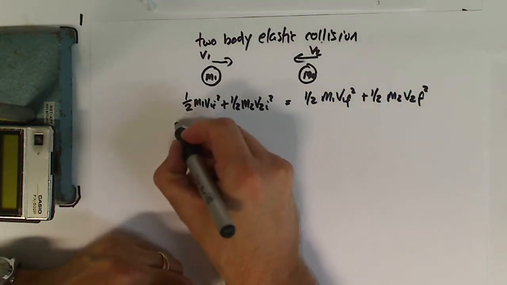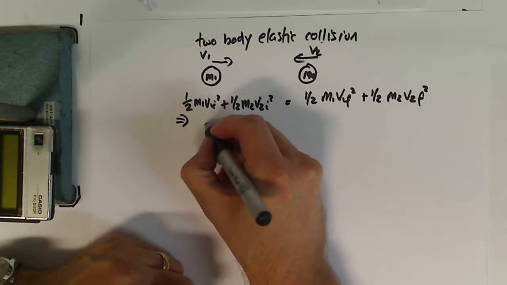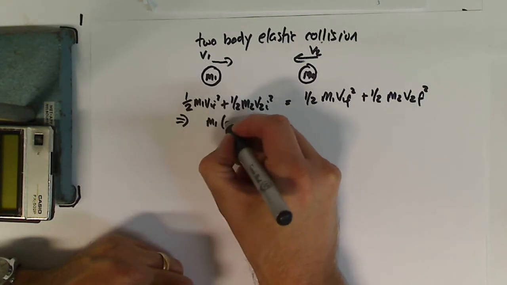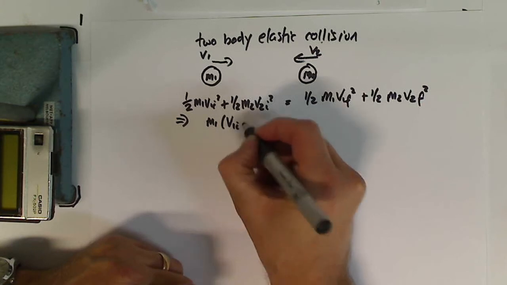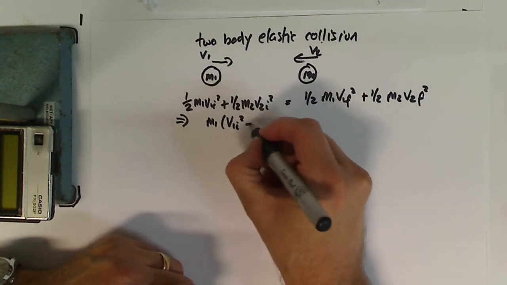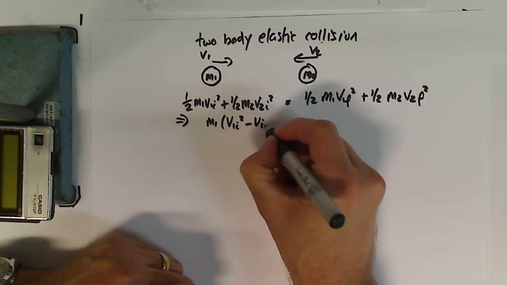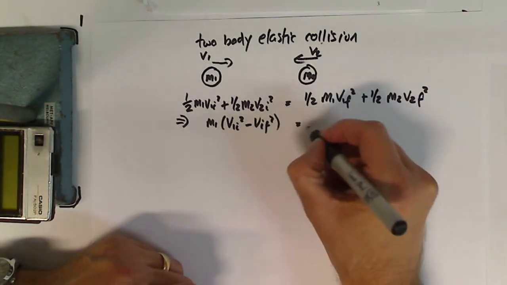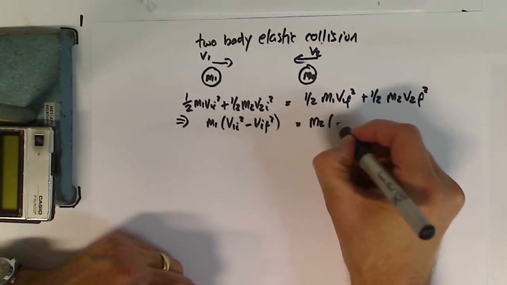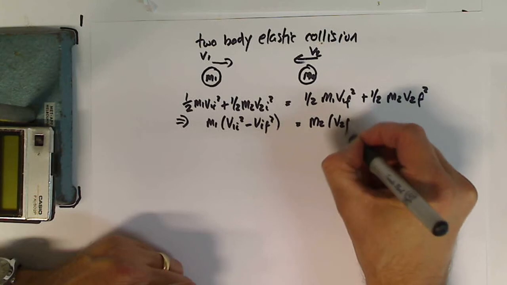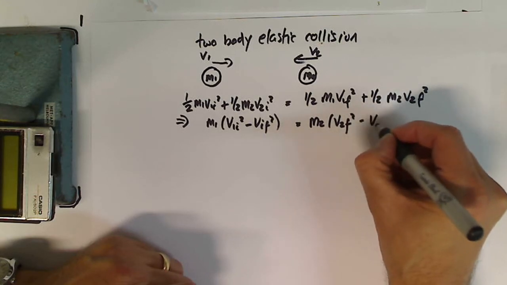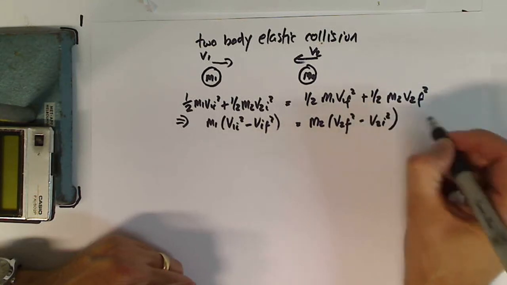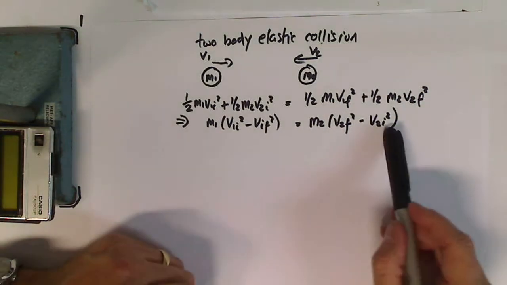And if we simplify that down, we're going to end up with M1 times V1 initial squared minus V1 final squared must be equal to M2 times V2 final squared minus V2 initial squared. What have we basically said with that formula?